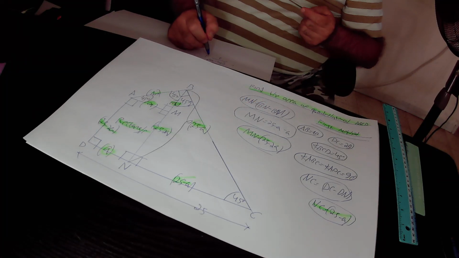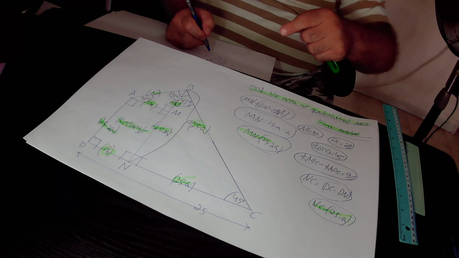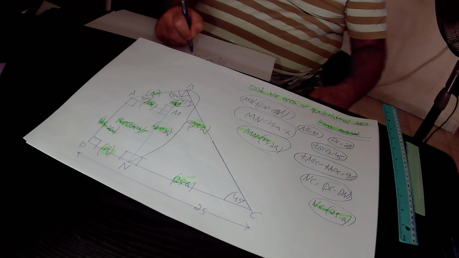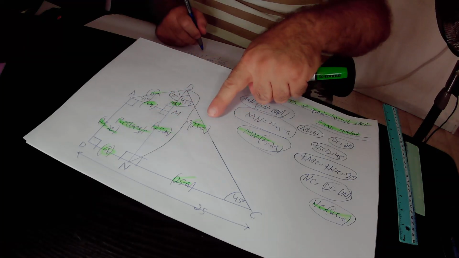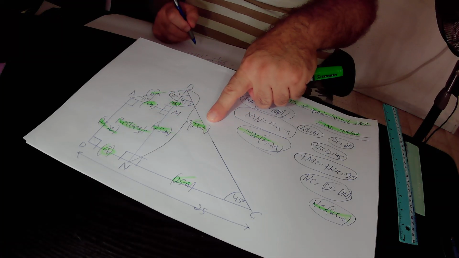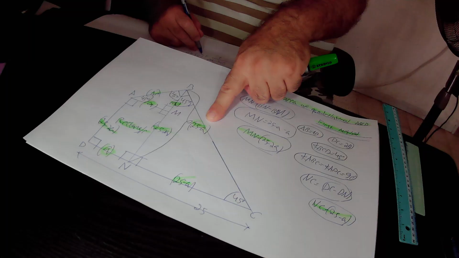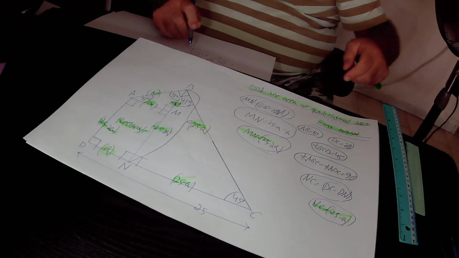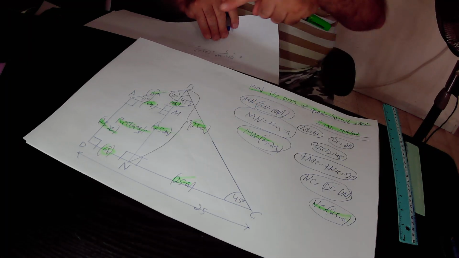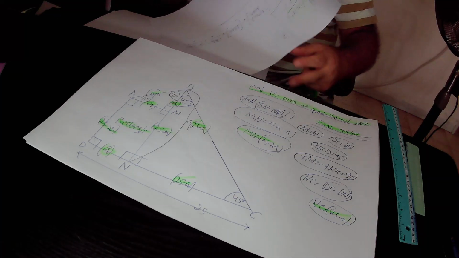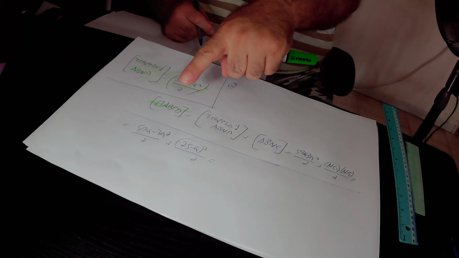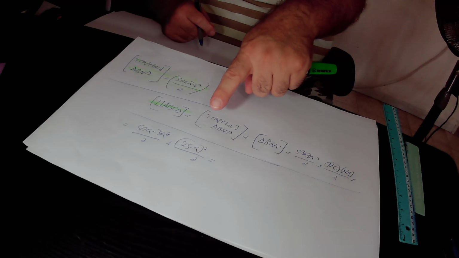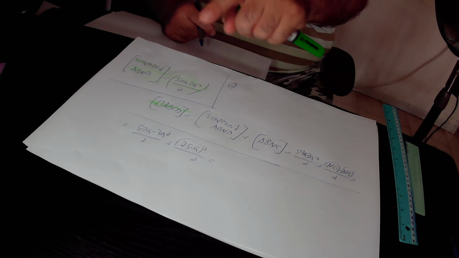This is equal to NC. NC is 25 minus A times NB. NB is also 25 minus A, so it is 25 minus A squared divided by 2. So in total, we should find out that the area of this quadrilateral ABCD equals 50A minus 3A squared over 2 plus 25 minus A squared over 2.